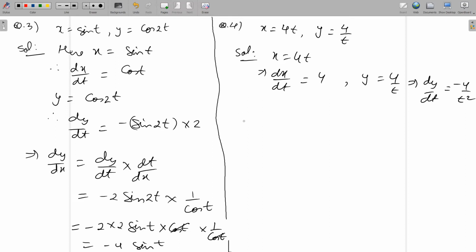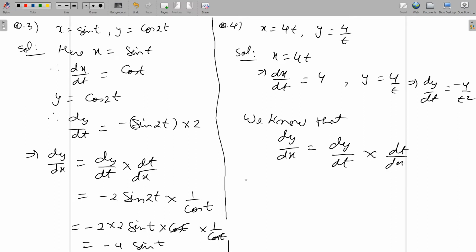So since we need to find dy by dx, we will apply chain rule. We know that dy by dx equal to dy by dt into dt by dx.